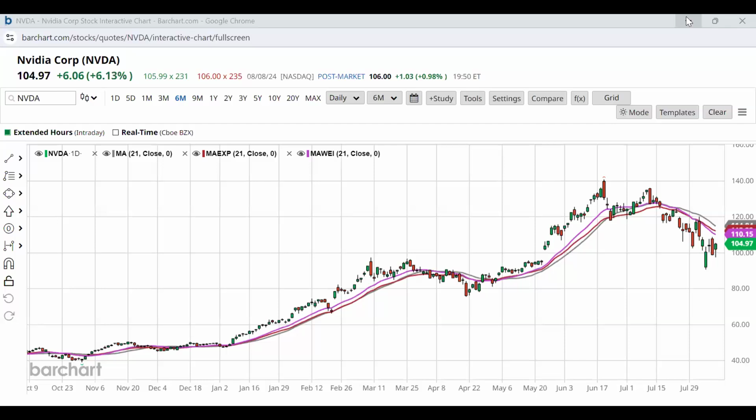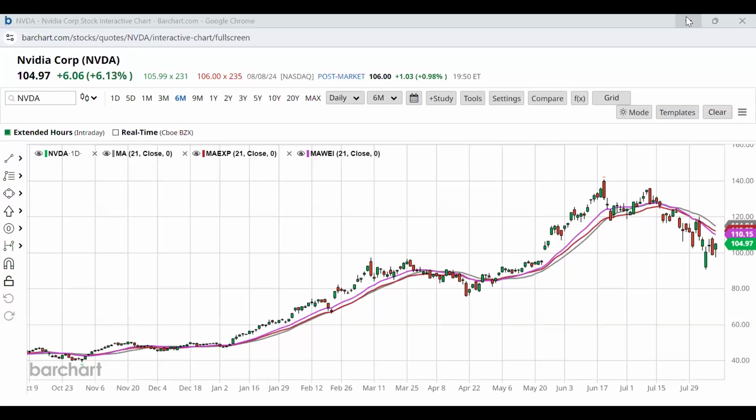For example, if I apply a 21 period moving average, like here, I will cancel all this. If I go to indicator and if I apply, like here, I will take simple moving average.